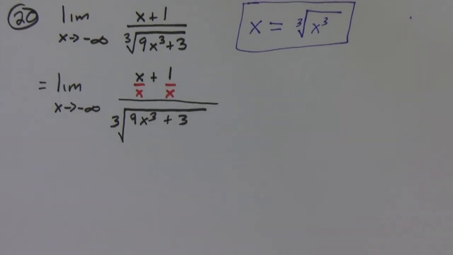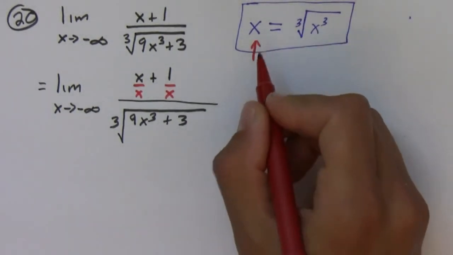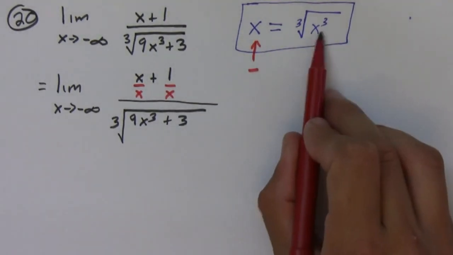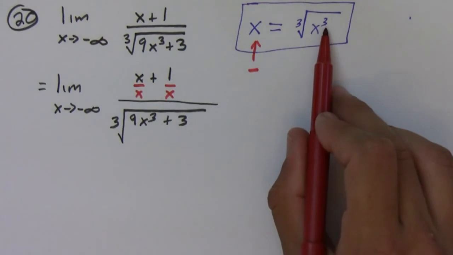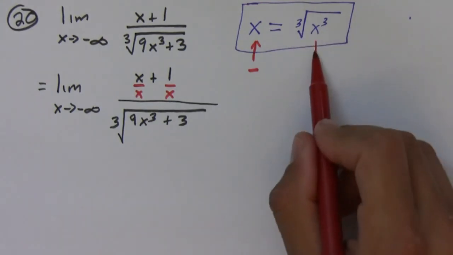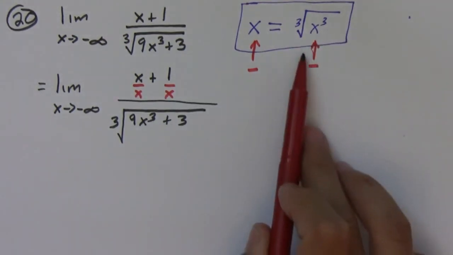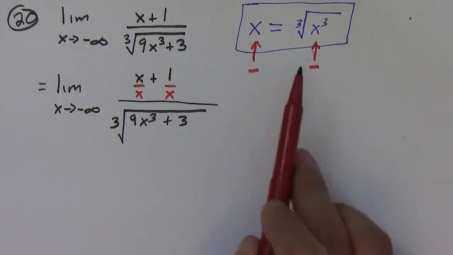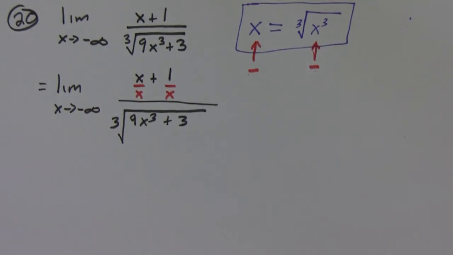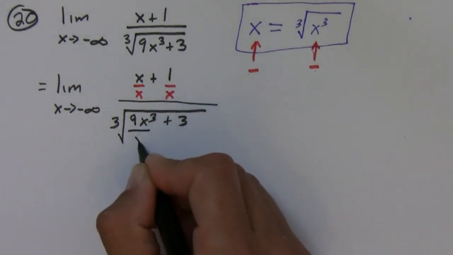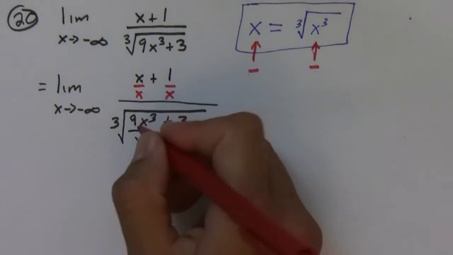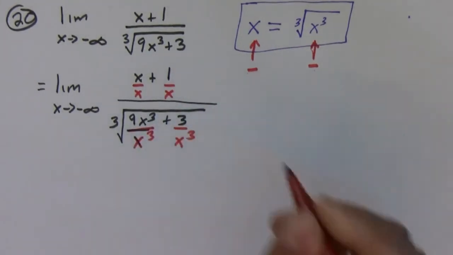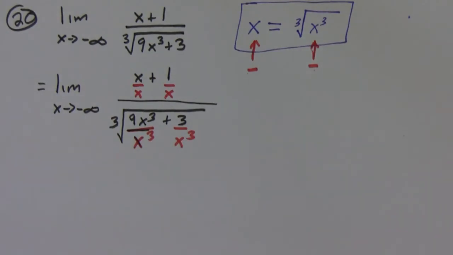Since x is going to negative infinity, these x values are negative. And if you have a negative number and you cube it, that's going to be negative, and the cube root of it is also going to be negative. So this time you don't need to put a negative sign in here, because these match. That's different from the other ones we've seen. So it's important to realize that in this case you can just bring in the x cubed without a problem.